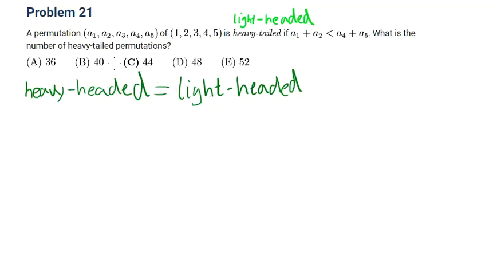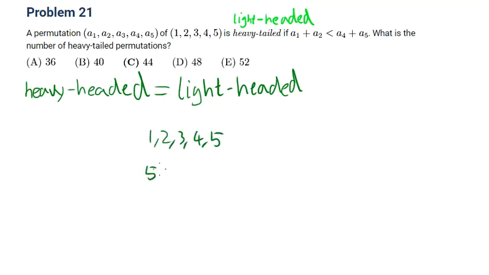Now, because of symmetry, their numbers should be equal. For every light-headed permutation, there's also a heavy-headed permutation to go with it. You just reverse it. Reverse the light-headed permutation, you get a heavy-headed permutation. Like 1, 2, 3, 4, 5. This is the light-headed permutation, or heavy-tailed, or whatever.